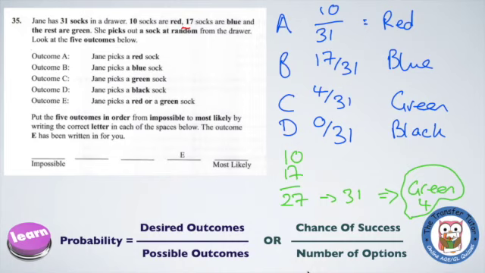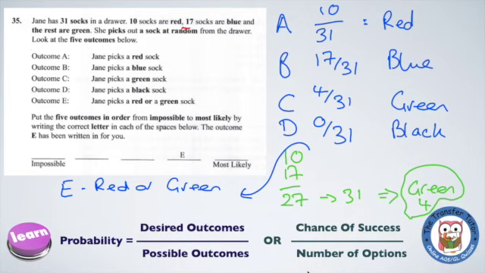And then for outcome E, she picks a red or a green. What you do in that case is you add the probabilities. So what I would say to one of my kids who was doing it is almost like imagine all the green have turned red, because it's going to be the same probability of choosing either or.